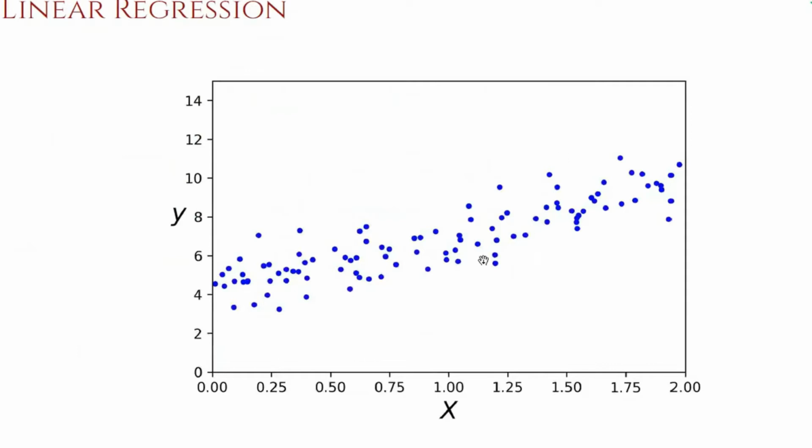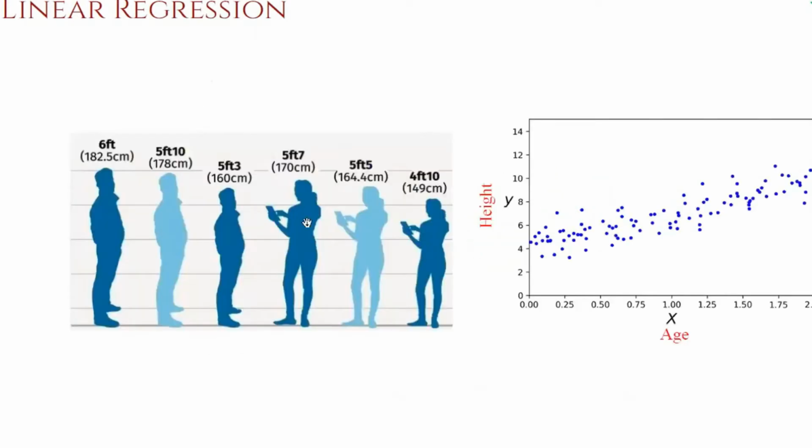For now, if you want to artificially associate a problem statement to this, you can think of it like predicting the height of a participant by looking at the age of a participant, or you can say by looking at the weight of a participant and so forth. So you can associate a problem statement like this.